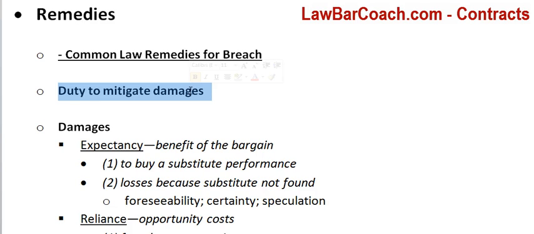The state likes when people make promises to each other about exchanging goods, and if they're in consideration of each other, these promises, we want to afford those parties some reliability, that they can enforce those promises later on, because we want an exchange of goods that benefits the economy. And along those lines, mitigating damages is economically efficient.